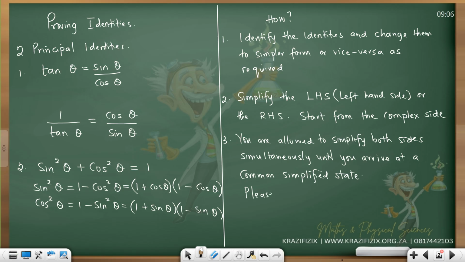Please do not solve. That is, simplify each side independently.